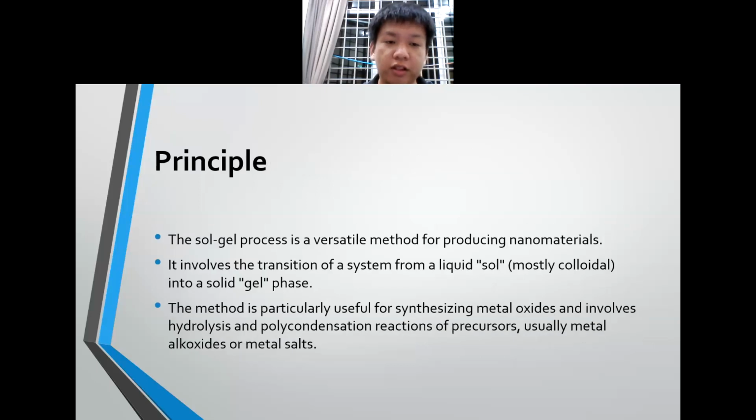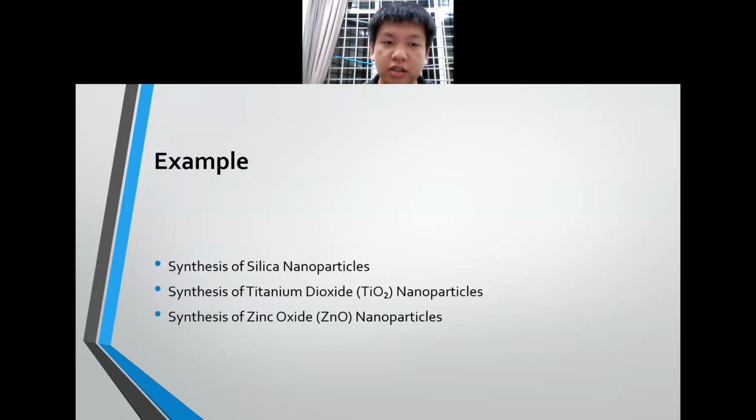What is the principle of the sol-gel process? The sol-gel process is a versatile method for producing nanomaterials. It involves the transition of a system from a liquid, mostly colloidal, into a solid gel phase. The method is particularly useful for synthesizing metal oxides and involves hydrolysis and polycondensation reactions of precursors, usually metal alkoxides or metal salts.